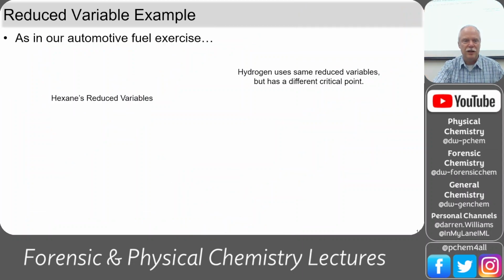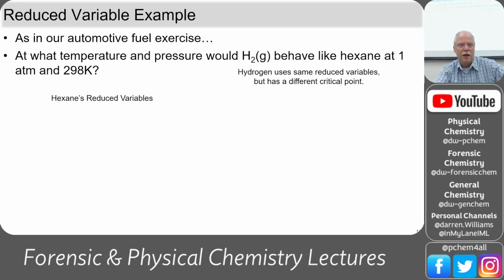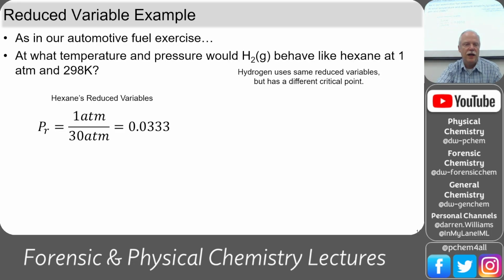Okay, so let's look at how these reduced variables are used. Remember our QSPR exercise, the automobile fuel exercise. At what temperature and pressure would hydrogen behave like hexane at 1 atmosphere and room temperature? So hexane's a major component of gasoline. And so we could look at hexane at 1 atmosphere, and its unitless pressure would be 0.03.